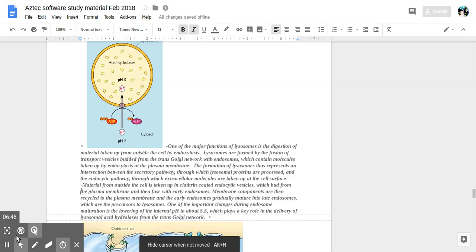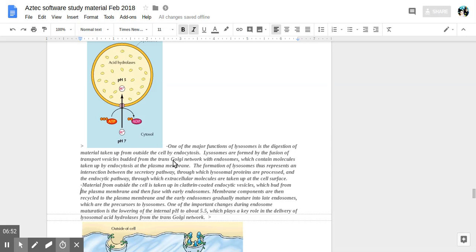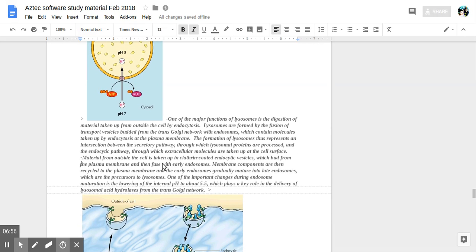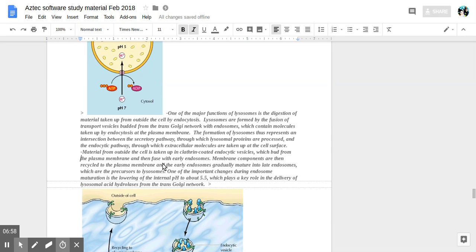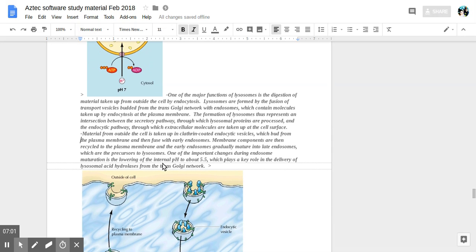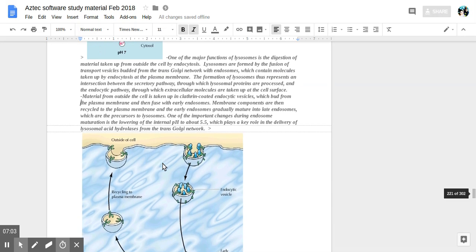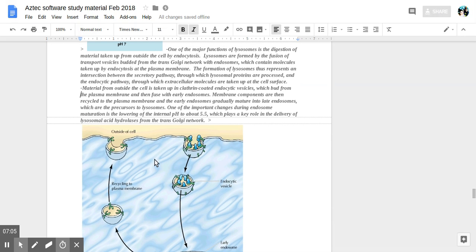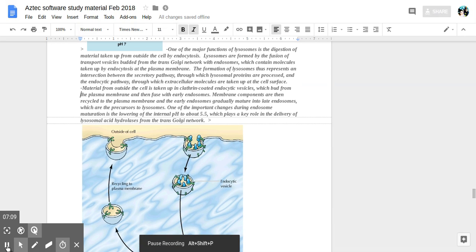Material from outside the cell is taken up in clathrin-coated endocytic vesicles, which bud from the plasma membrane, fusing with the early endosomes. Membrane components are recycled to the plasma membrane.